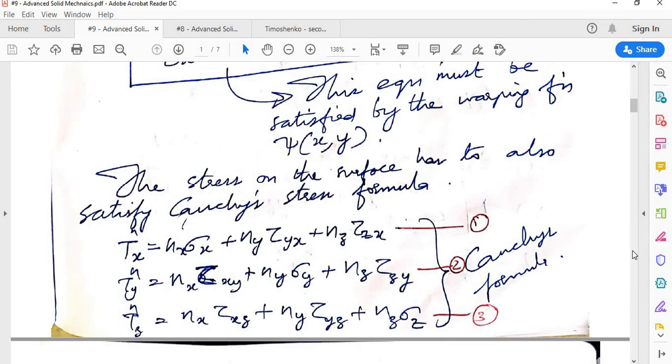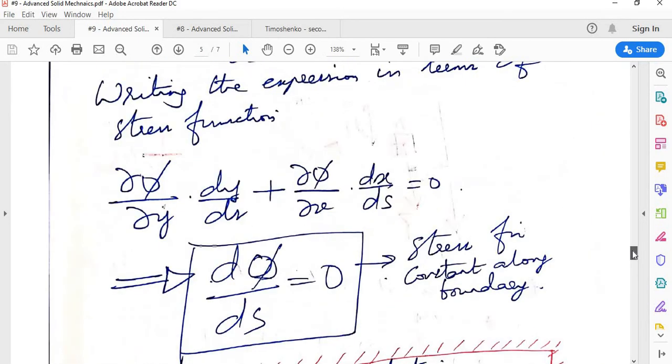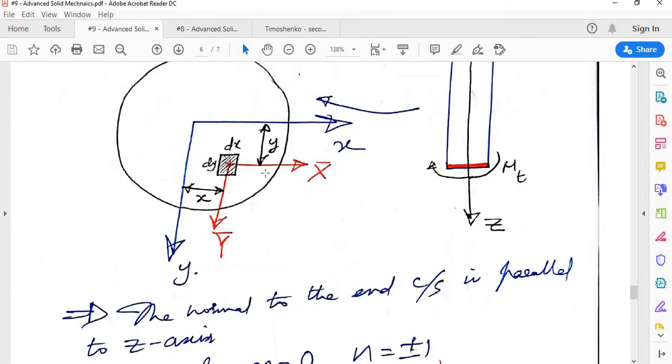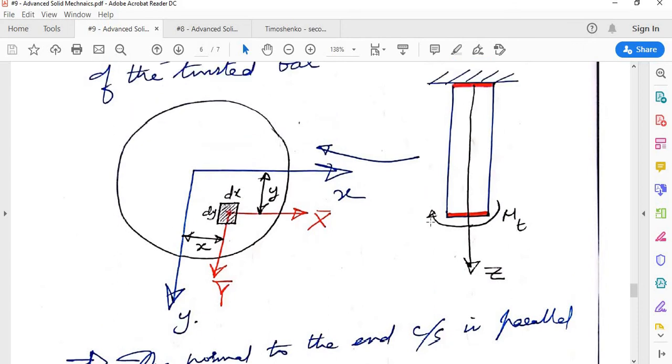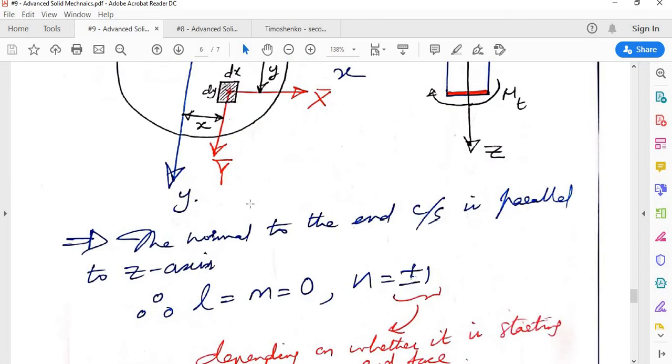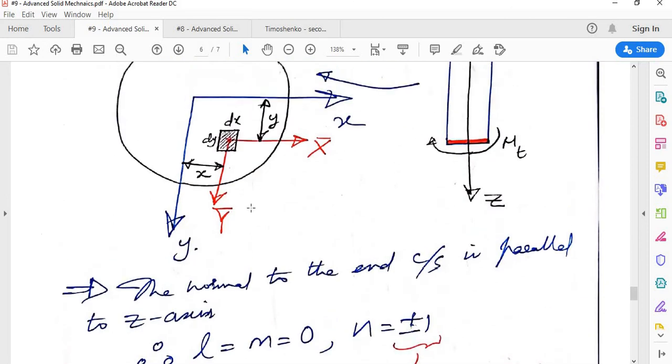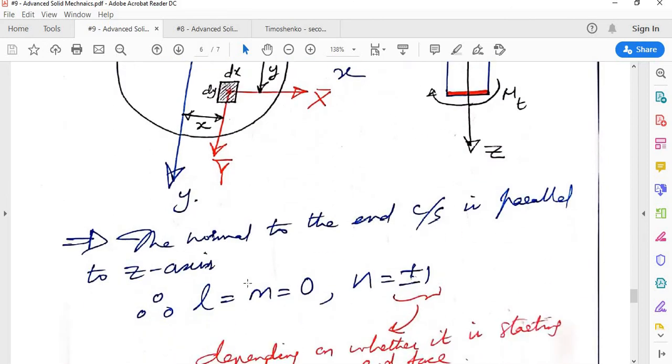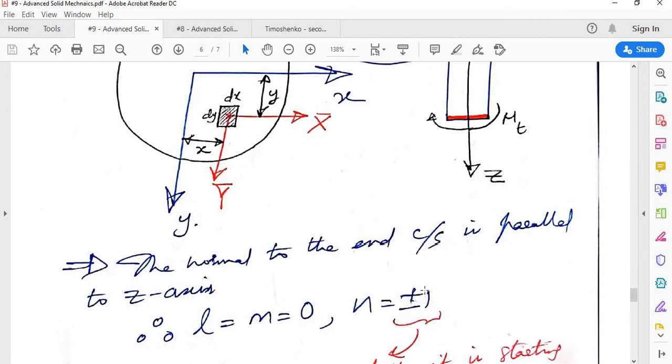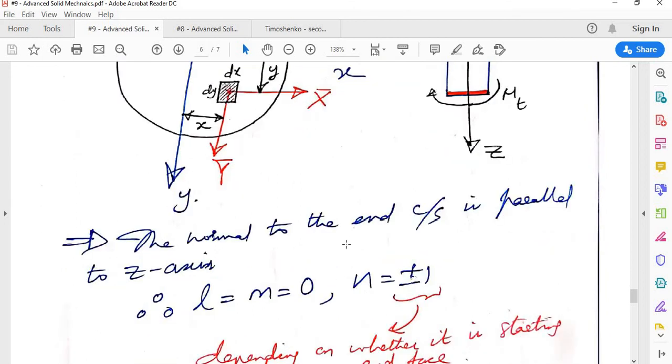Since we are taking a point or an area on the top and bottom surface, the outward drawn normal is parallel to the z-axis. As a result, n, the direction cosine of the outward drawn normal with respect to the z-axis, will be 1.